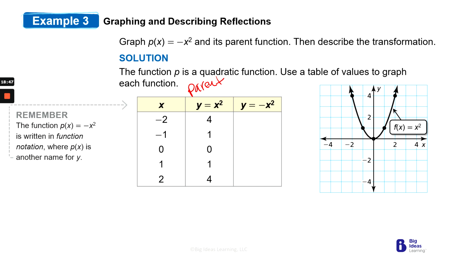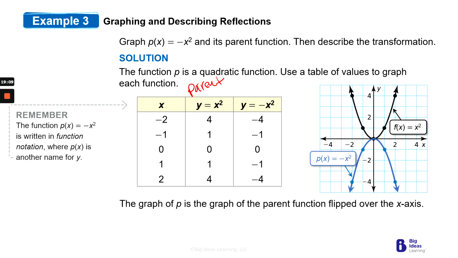And now I want negative x squared. So what am I going to do to all my x squareds? I'm just going to make them negative. So now it's negative 4, negative 1, negative 0, which is just 0, right? Negative 1, negative 4, and it looks like this. So what transformation happened? This is a reflection over the x-axis.